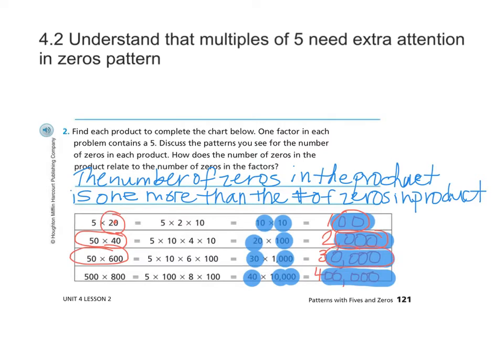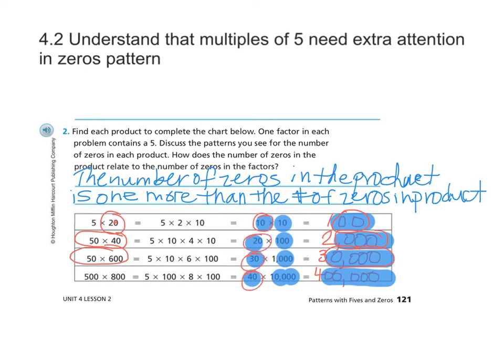So what I want you to see is that when you get that 5 involved, these are factors of 5. 5 times 2, 5 times 20, 5 times 6, and 5 times 8. Each one of those products have a 0 in them. So the 10, the 20, the 30, and the 40.